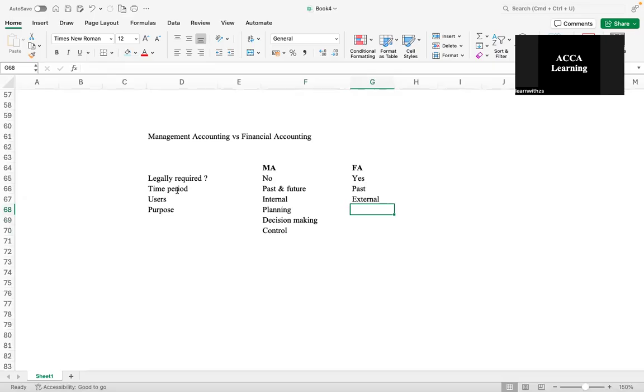Whereas what's the purpose of financial accounting? Financial accounting, the purpose is to record the financial position of the business.